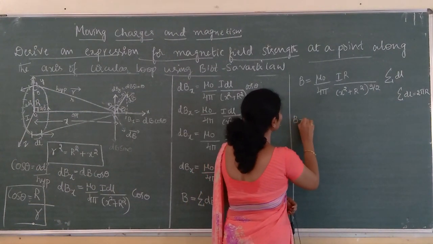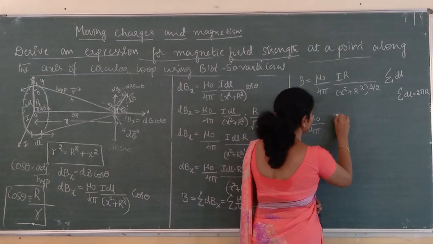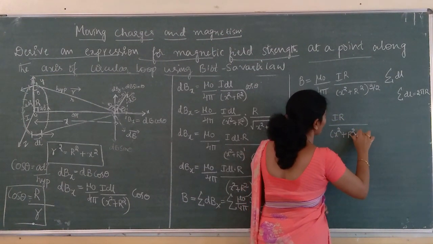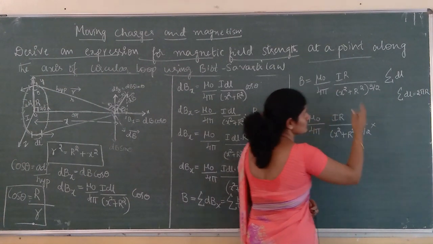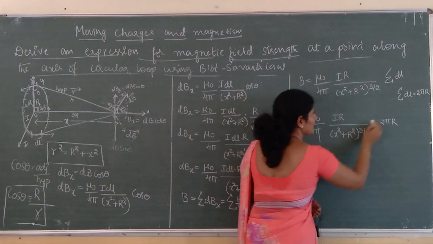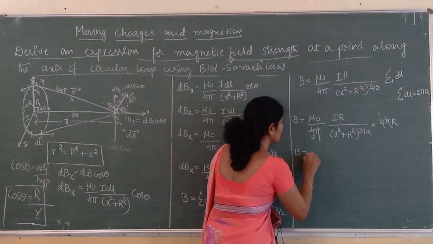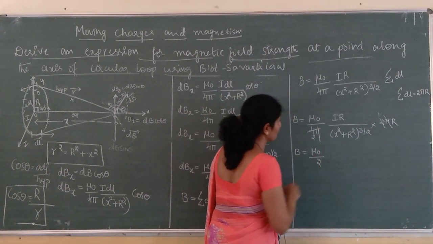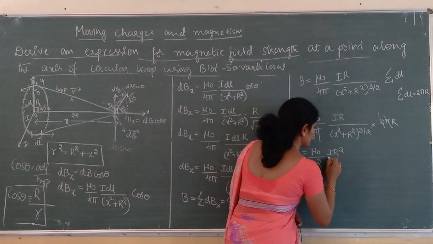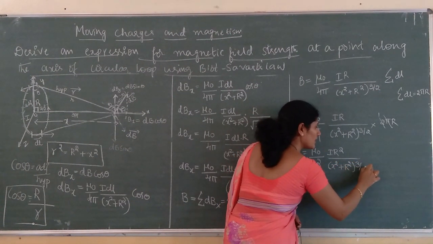So B is equal to mu naught by 4 pi I r divided by x square plus r square to the power 3 by 2 into 2 pi r. So pi cancels, 2 ones are 2, 2 twos are. So B is equal to mu naught by 2 I r into r square divided by x square plus r square to the power 3 by 2.